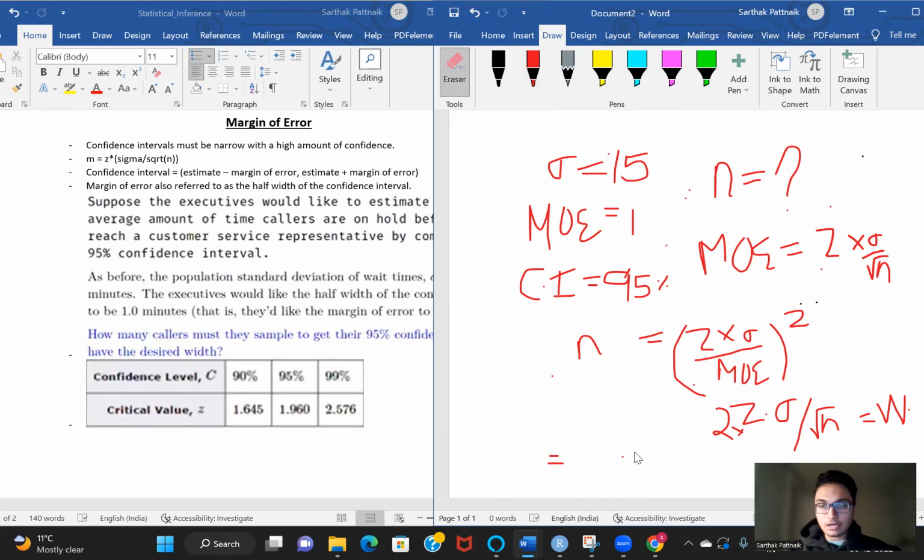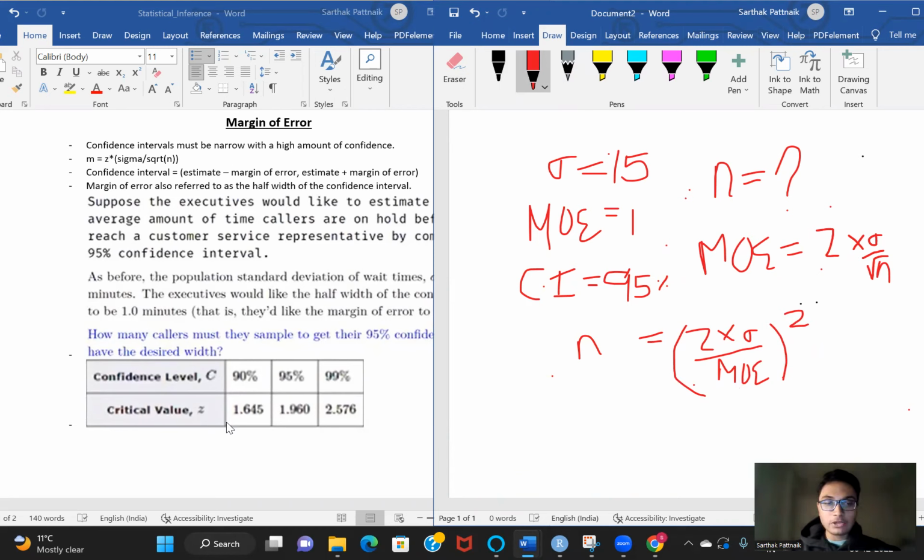It's just cross multiplication, basic. I have sigma, I have MOE with me. I have this table of the critical value Z corresponding to the confidence interval.